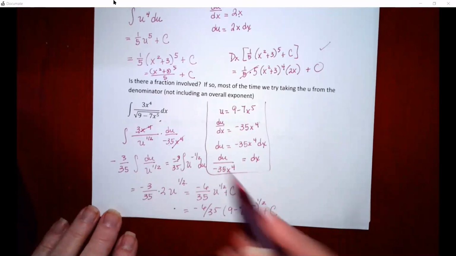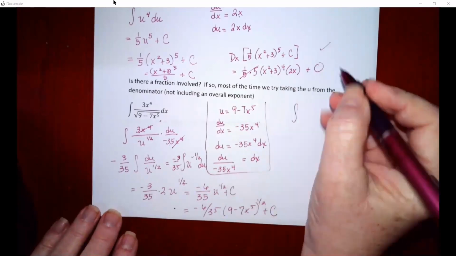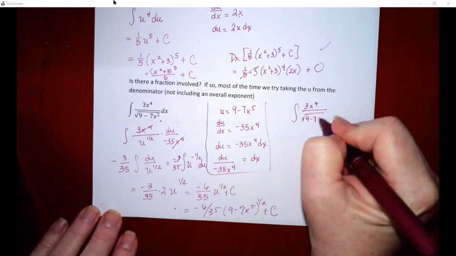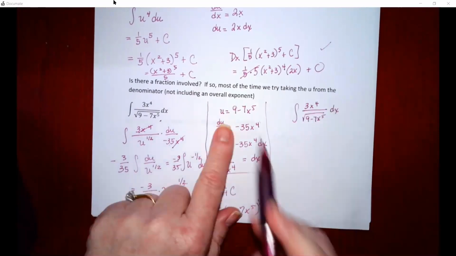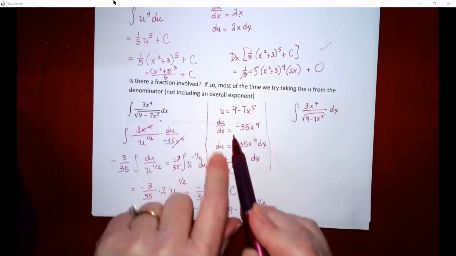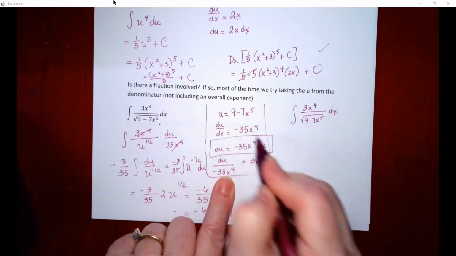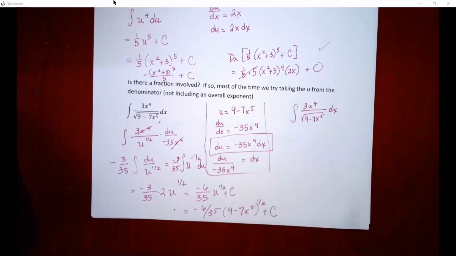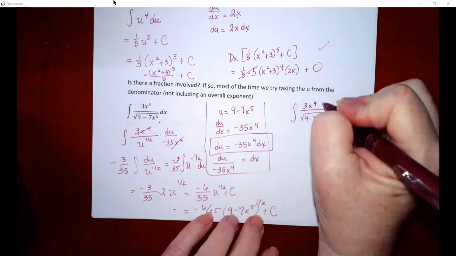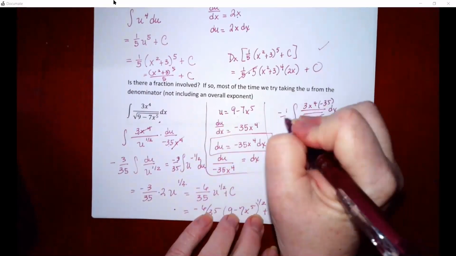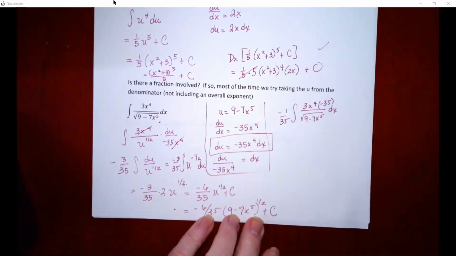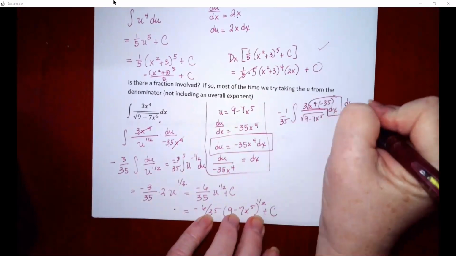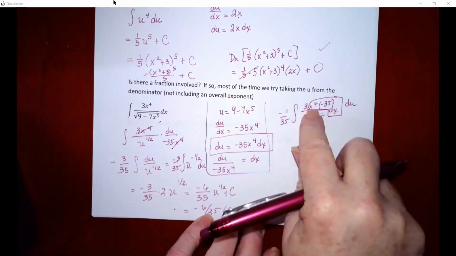Personally, when I get to this point and I say, okay, I've got the integral of 3x to the 4th over the square root of 9 minus 7x to the 5th dx, when I chose my u to be 9 minus 7x to the 5th, and I get that du is negative 35x to the 4th dx, instead of doing this part, what I would probably do is multiply by negative 35 and reverse it with a negative 1 over 35 out front.